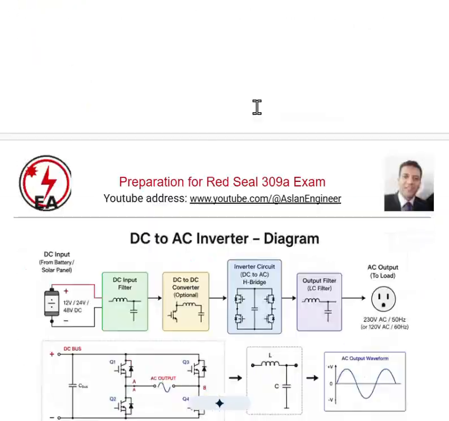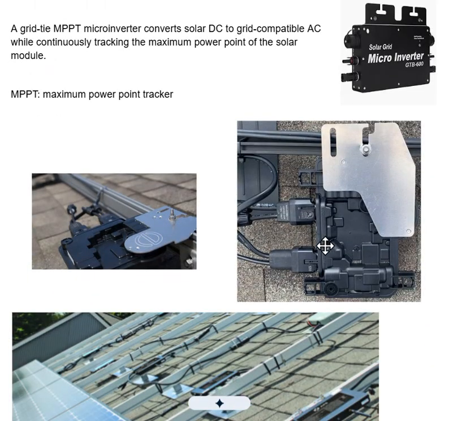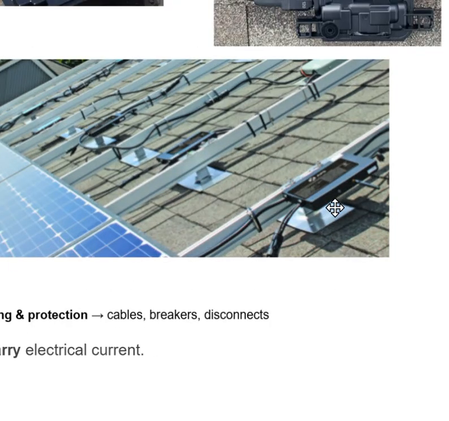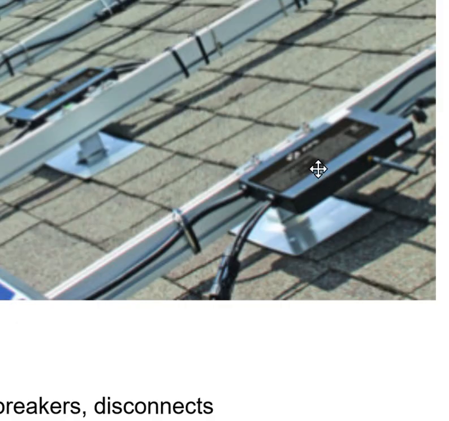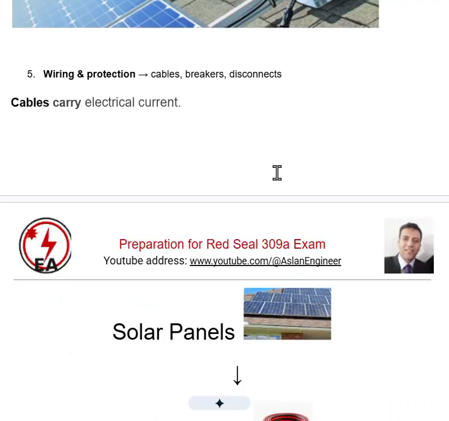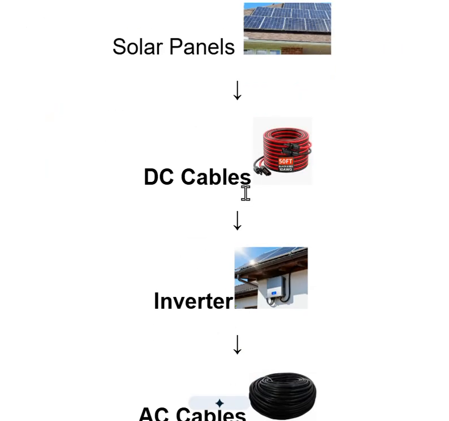But there is also a different kind of inverter, the micro inverter. We use a micro inverter for each panel. So here we have an inverter for each panel, and then we have the AC output from these micro inverters, and then we have the synchronized AC power.